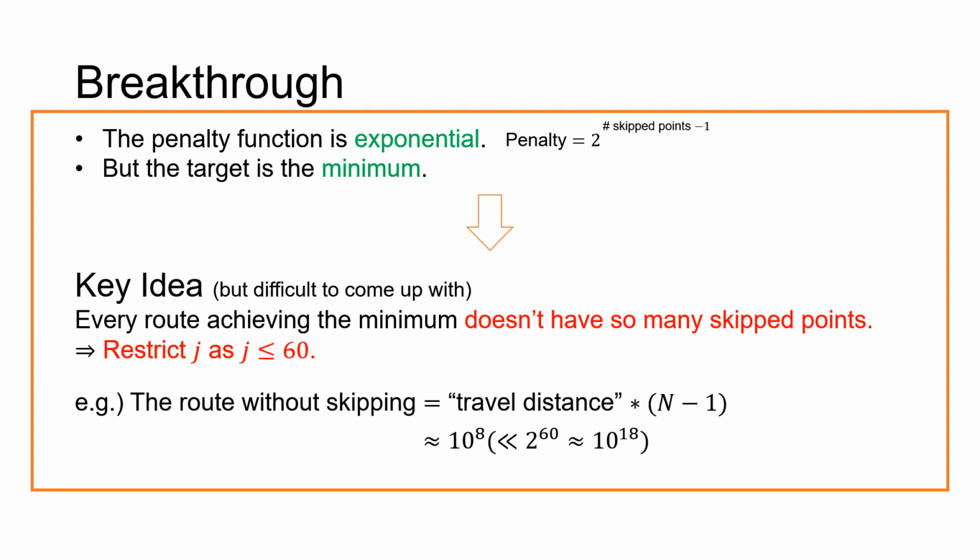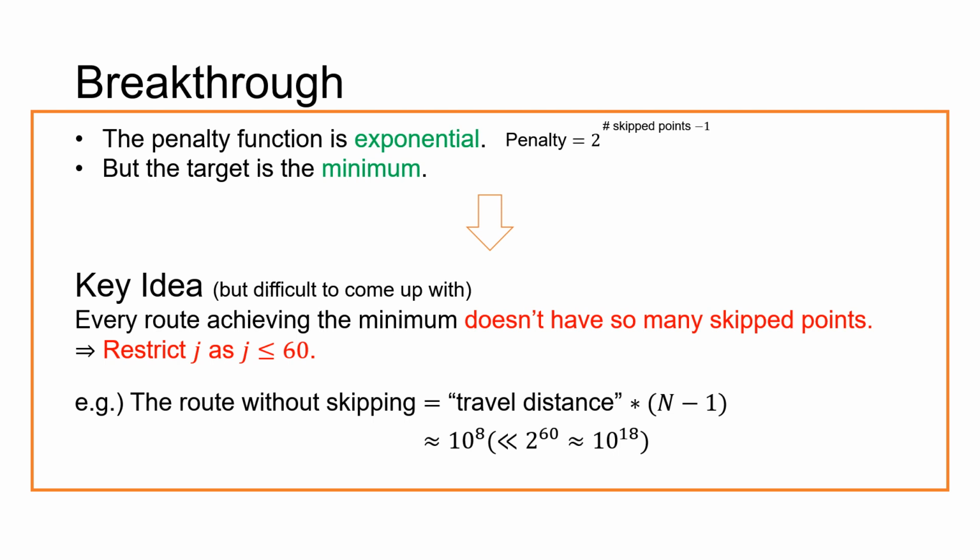We don't need to think about routes with high costs. What can we say from these considerations? We find out that every route achieving the minimum cost doesn't have so many skipped points. More precisely, we can restrict j, which is the number of skipped points, as j is at most 60.